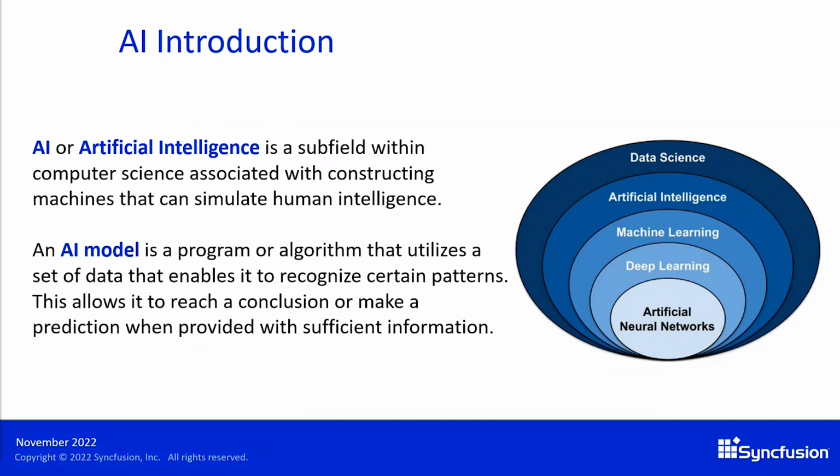So with artificial intelligence, we are able to create different models that take a set of data. And it's especially useful when you want to solve complex problems and you have a huge amount of data that you need to process, and you want to do this with high accuracy and ideally at a minimum cost.